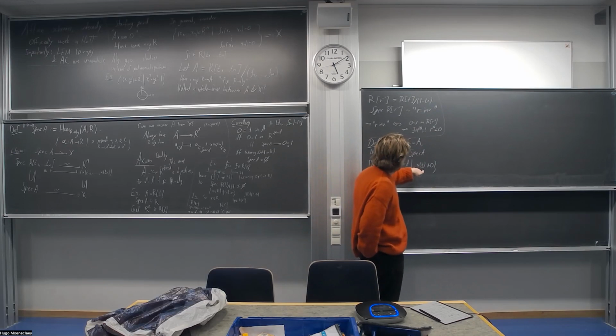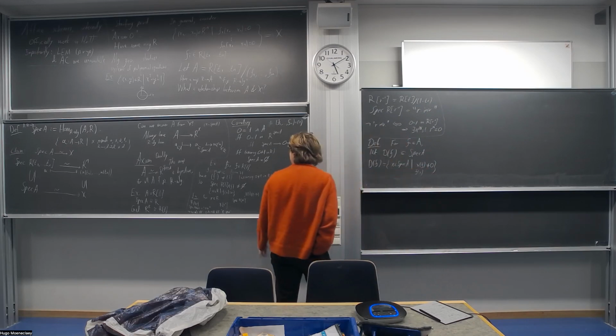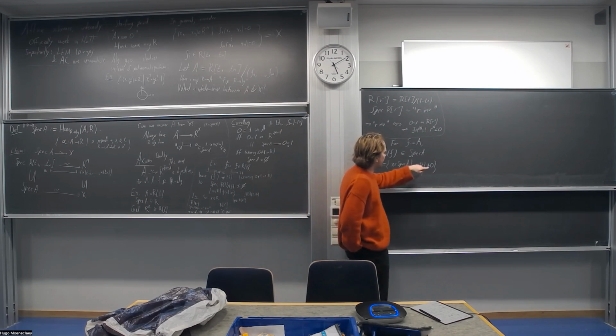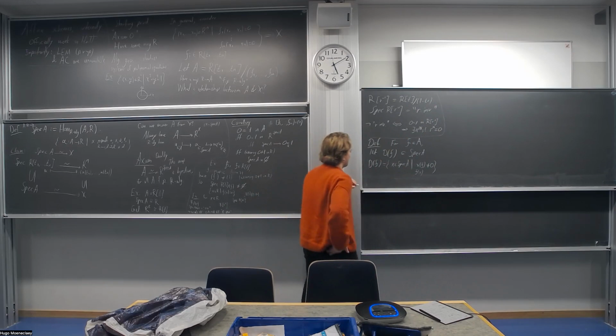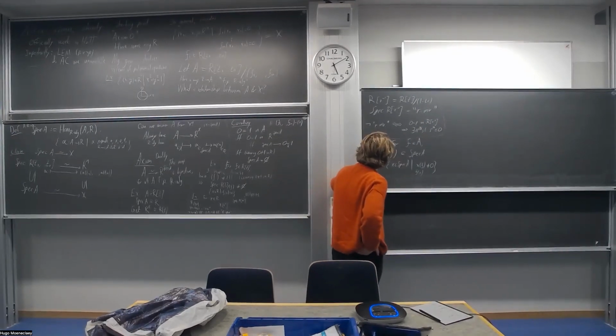So the set of points where f(x) is non-zero, which equivalently means that it's invertible. So this we think of as an open subset, and then associated to this there's also a closed subset.